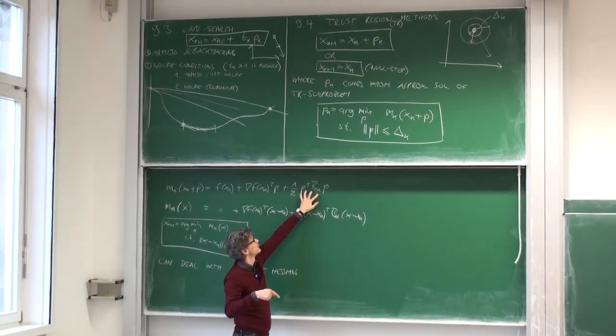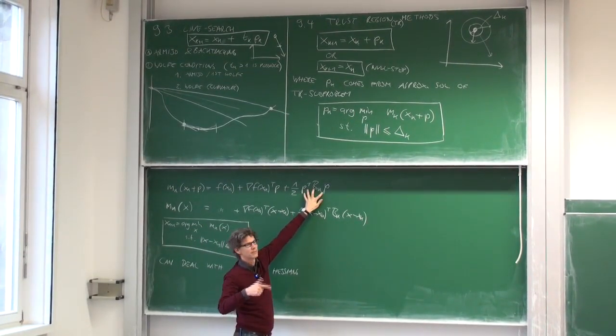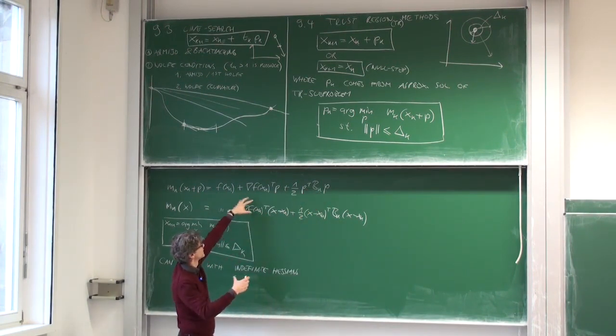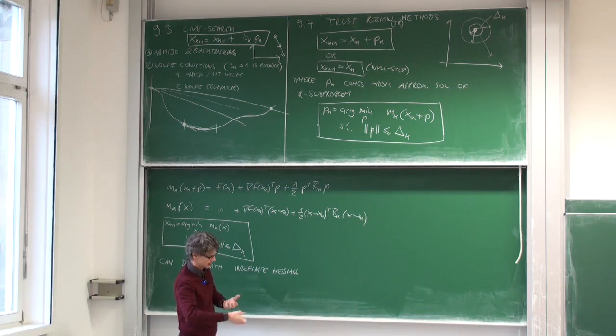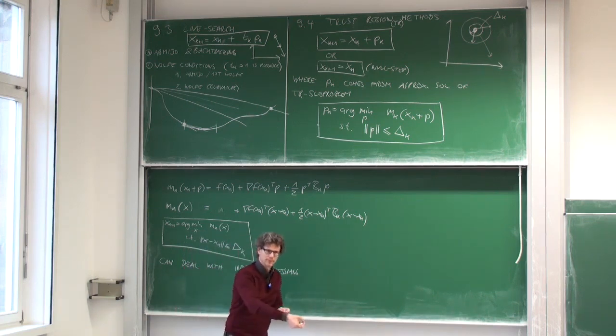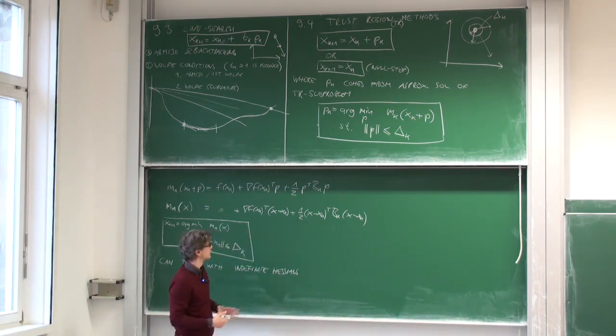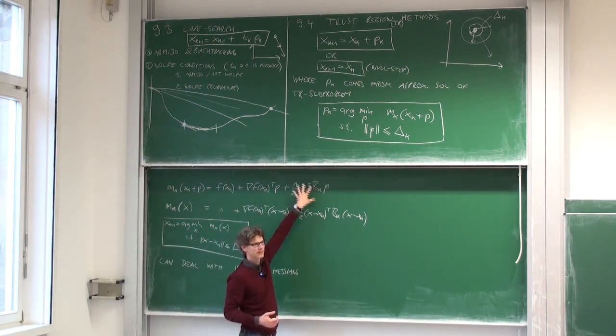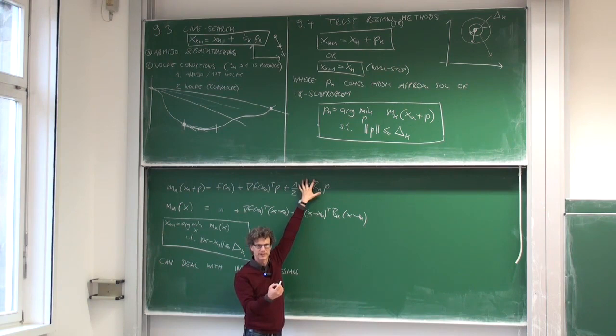This will be a bit positive, but it's getting smaller and smaller the smaller we make the radius. So the model will for sure be improving. The real function also gets more and more similar to the Taylor series, and this second order term will also be vanishing for the real function.